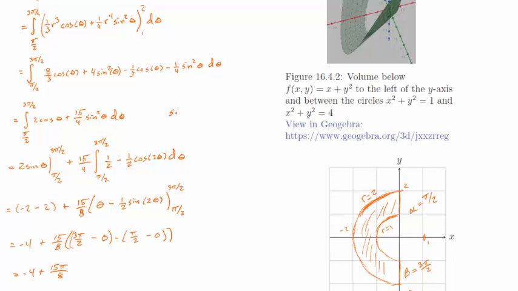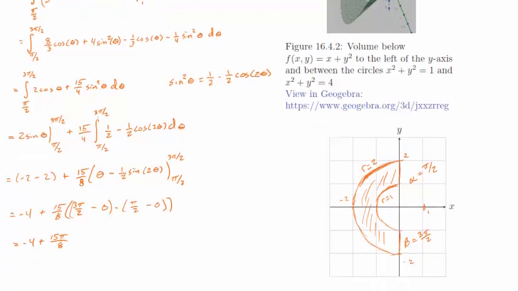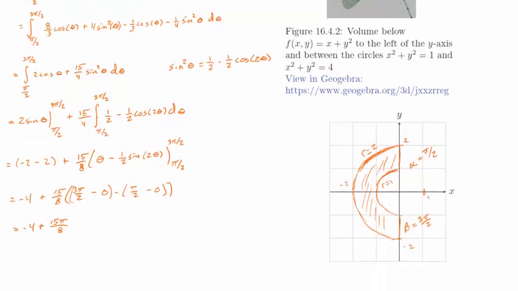That's because I'm using a double angle formula to get sine squared of theta equals 1/2 minus 1/2 cosine of 2 theta, because taking the antiderivative of sine squared as it stands is not something that we can really do. So we need to use our trig identity to get through this.